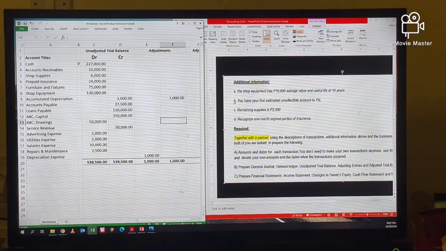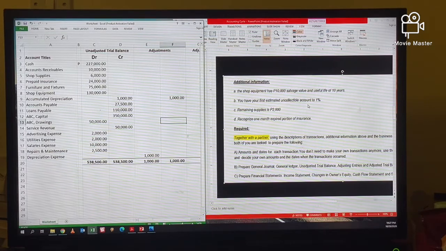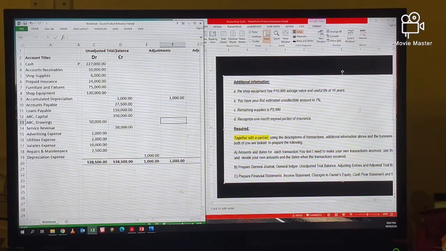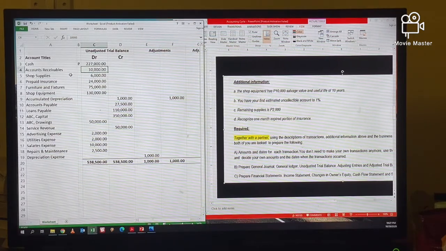Then, next bullet tayo. You have your first estimated uncollectible account, 1%. So, ang ibig sabihin lang yan, uncollectible account, it pertains to your accounts receivable. So, meron ka daw doubt na hindi mo makokollect ang 1% ng iyong accounts receivable.